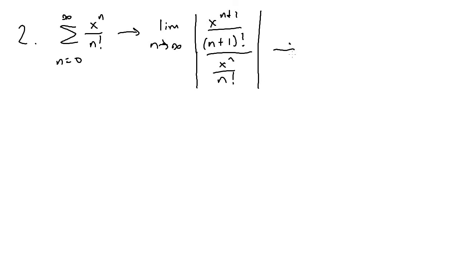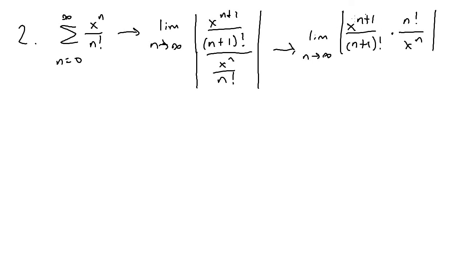If I divide by the fraction, I can multiply by the reciprocal. So we get the limit as n approaches infinity of x to the n plus 1 over n plus 1 factorial, multiplied by the reciprocal, n factorial over x to the n.